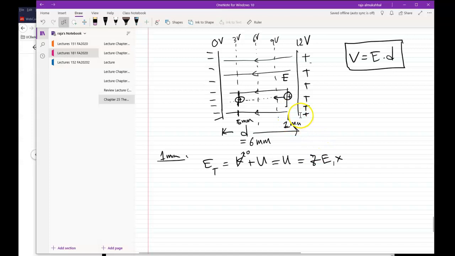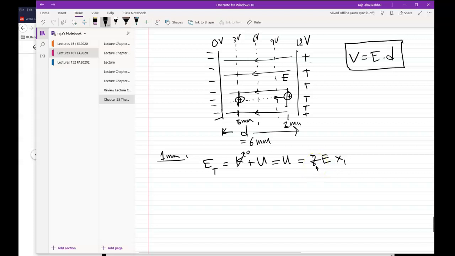Again, since we're starting to measure from the 12 volt plate right here, the x here is going to be 1 millimeter. Make sense? Let me call that x1. We'll assume the electric field is a uniform electric field, is constant. It doesn't change, okay? So that doesn't change. And then you have the charge on the proton, which is the fundamental charge.